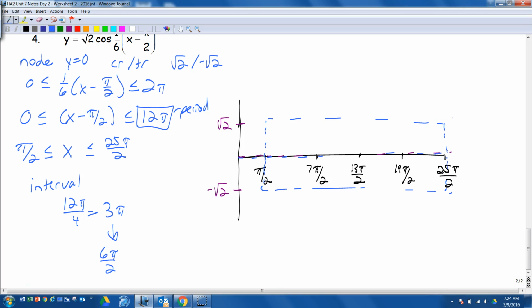So there's my box. Again, it's cosine positive, so I start at the top and then you go down and back up. And there's the curve. So, same thing as sine curves except for where you start. Okay? Alright, that's it.